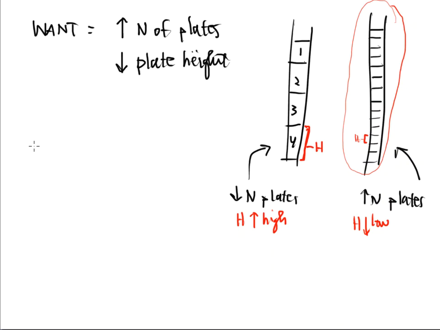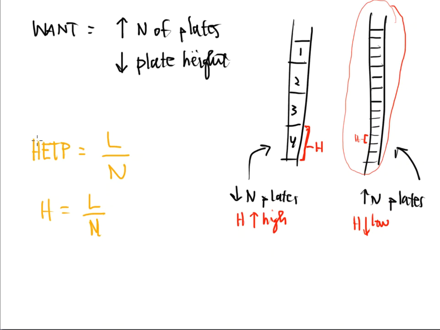And it looks like this. HETP equals L over N. The other version of this is H is equal to L over N, if I want to be lazy about it.